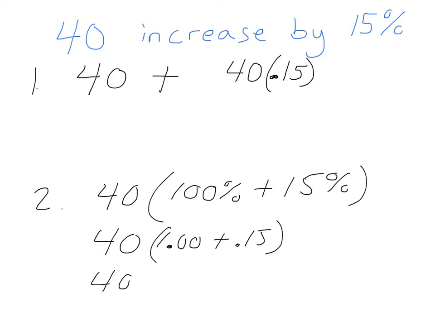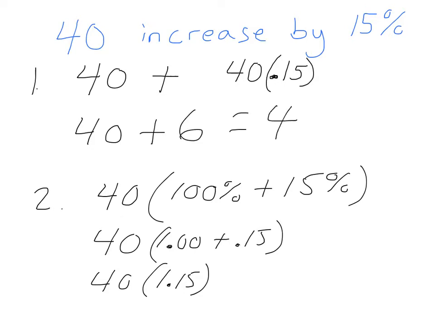So it looks like you're multiplying 40 by 1.15. So above it's 40 plus whatever that idea is, which happens to be 6 today. So answer 46. And know that when you multiply 40 times 1.15, you guessed it, you get 46.